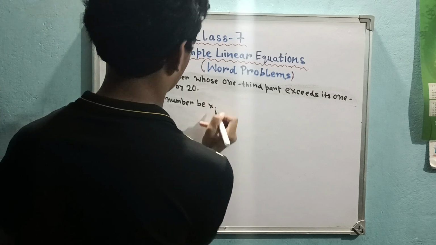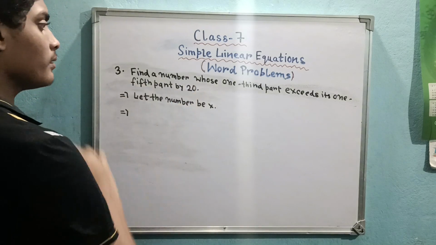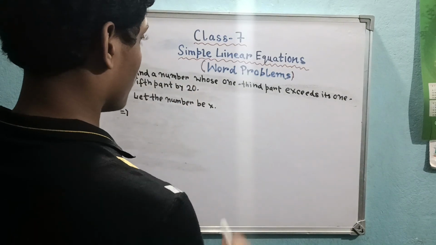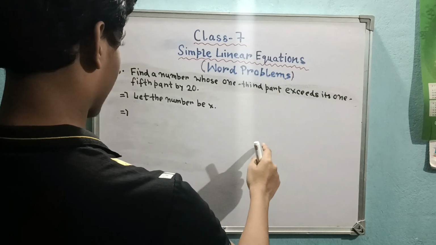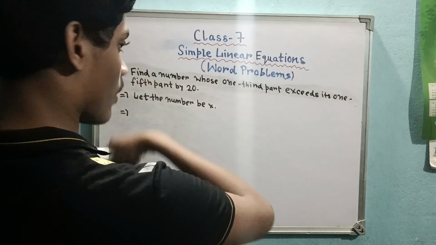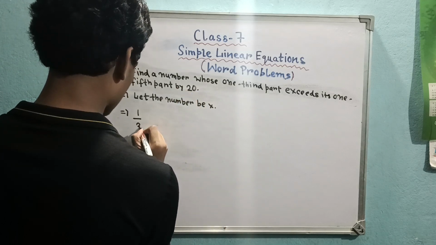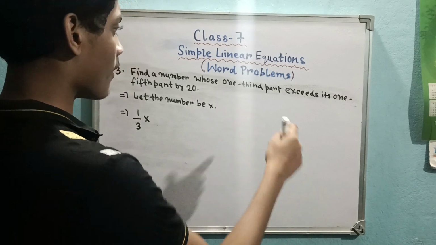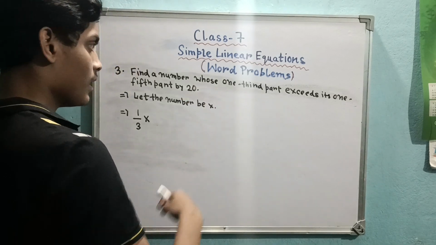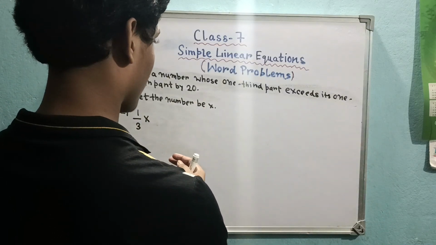Now see guys, according to the question, 1/3 part of the number means 1/3 of x, or 1/3 into x. Exceeds means this 1/3 part of x is more than the 1/5 part of x.